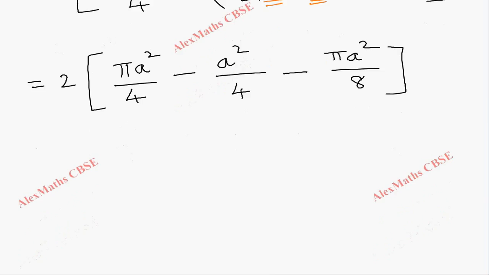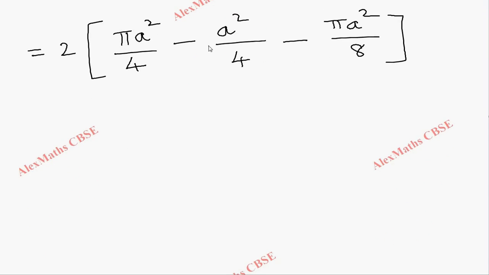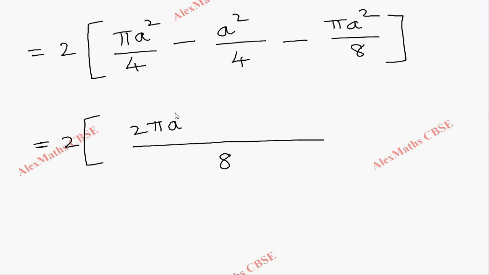We are going to take LCM for the entire term. So we have 2 outside, then the LCM is 8. So this will become 2πa², and this becomes 2a², and this becomes πa².